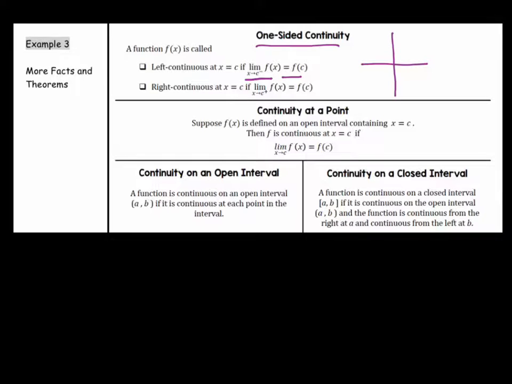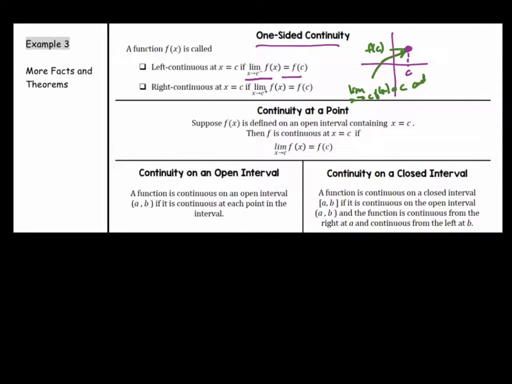So here's a function, and I'm going to put a hole right here. Or I'm going to fill it in though, and I'm going to call this c. So the limit from the left as I approach c is equal to f of c, right? As you can see, it's also ending in the dot.